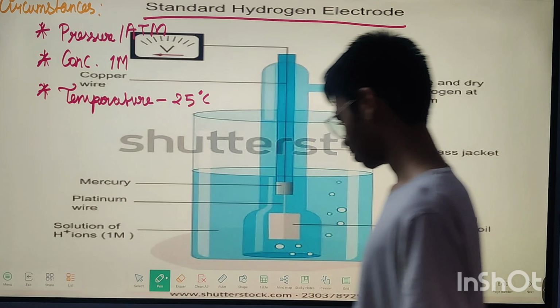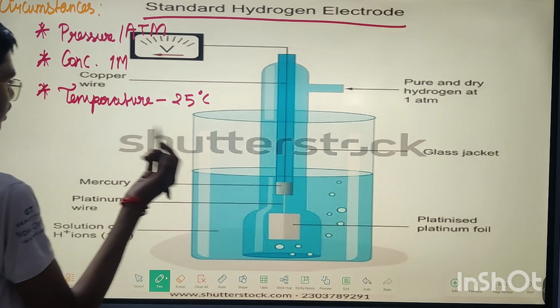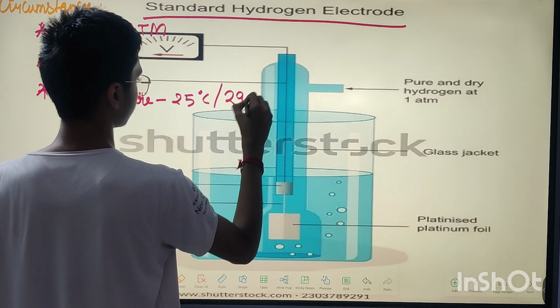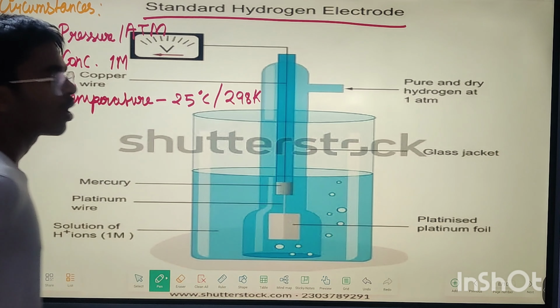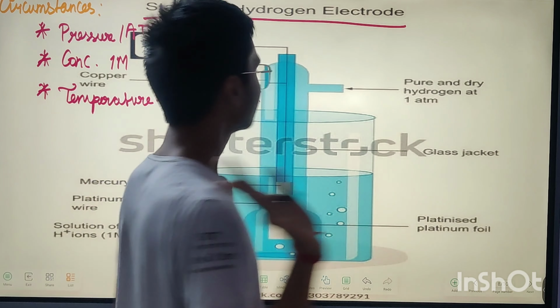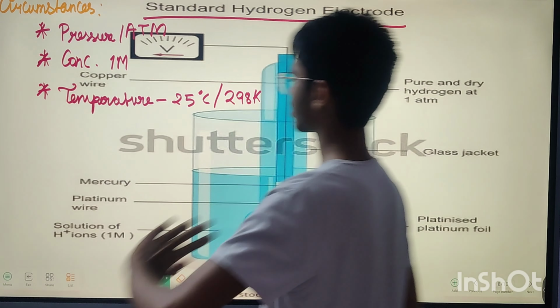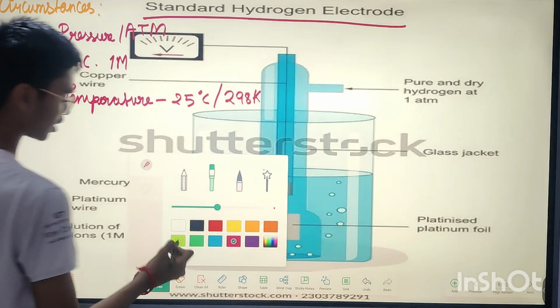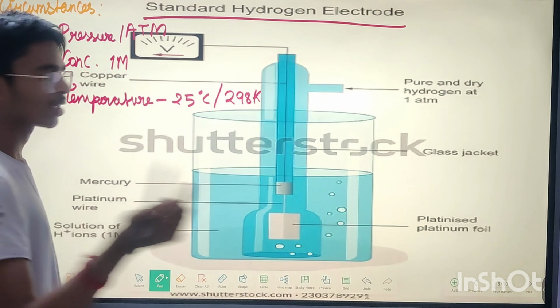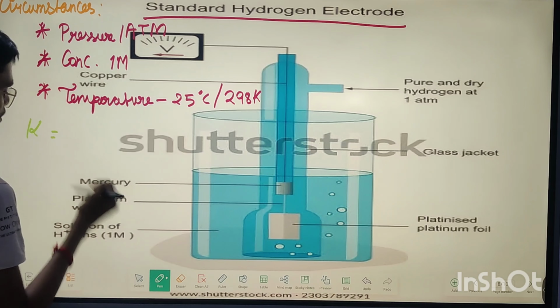I don't know whether it's 298 Kelvin. Okay, 298 Kelvin, not degree Fahrenheit. I'm so sorry. So these are those things. I will just write this one formula since I got confused. I don't want you to make that same mistake.